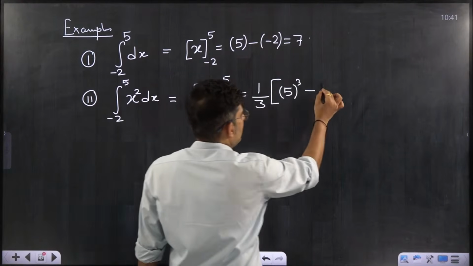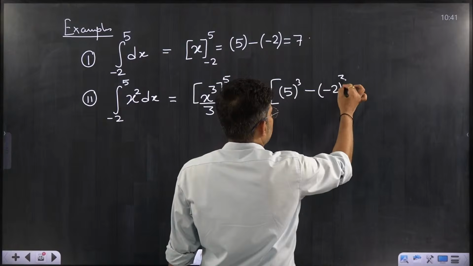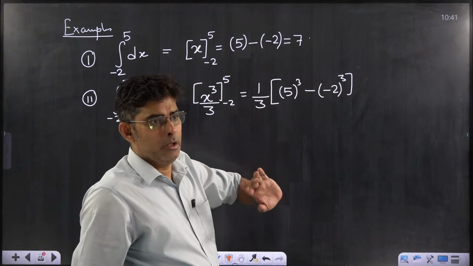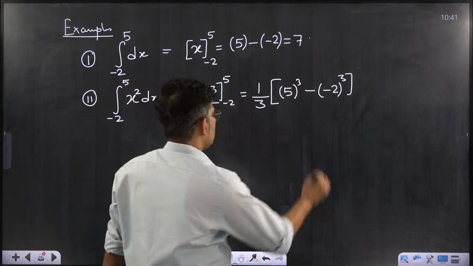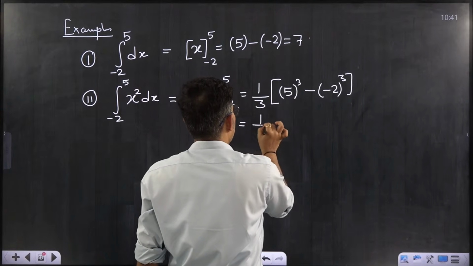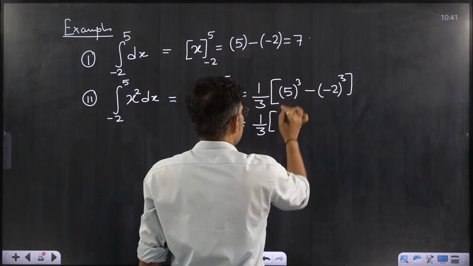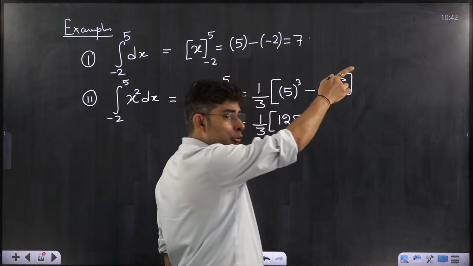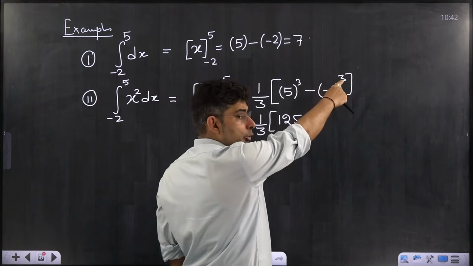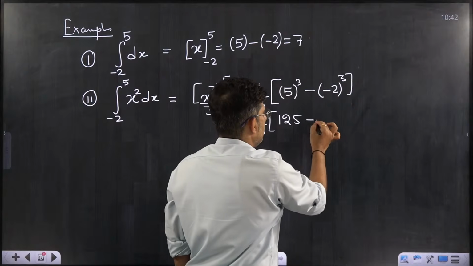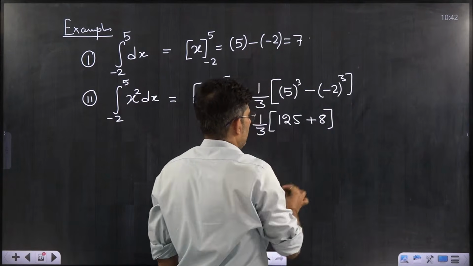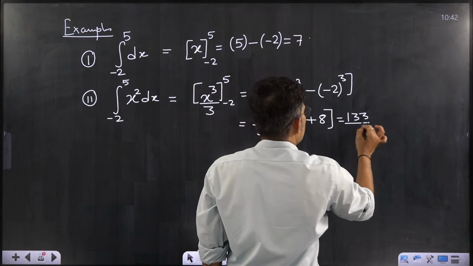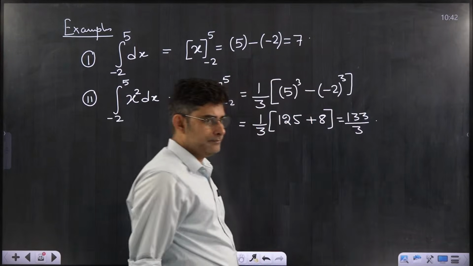Now in place of x, you will put minus 2. Power is 3. You can see x cube, so minus 2 whole cube. Now 5 cube is 125, minus 2 cube is minus 8, but there is one more minus, so plus 8. So this becomes how much? 133 by 3.